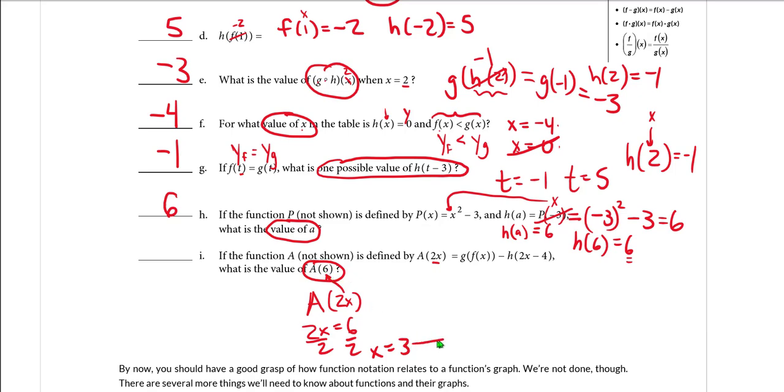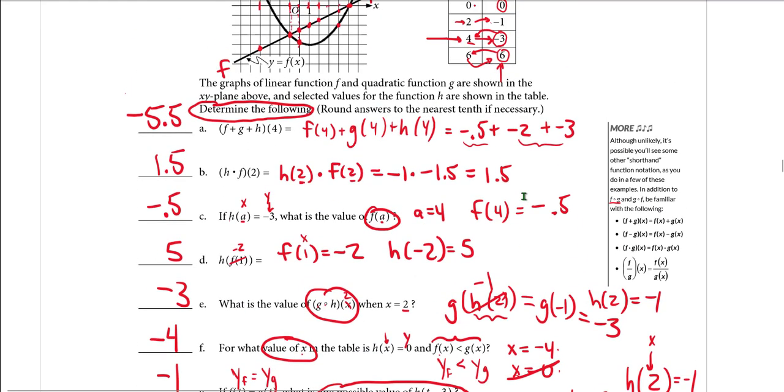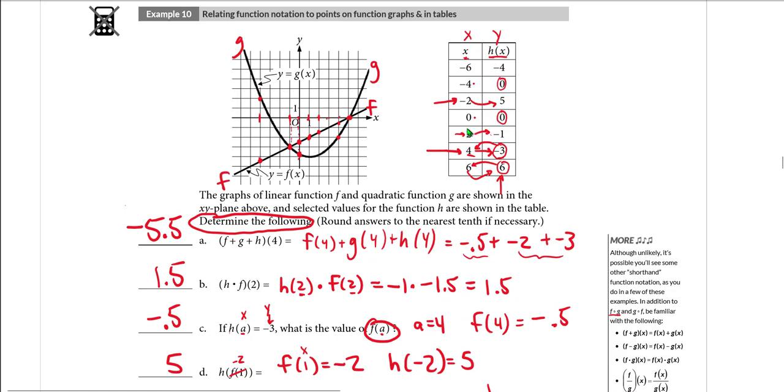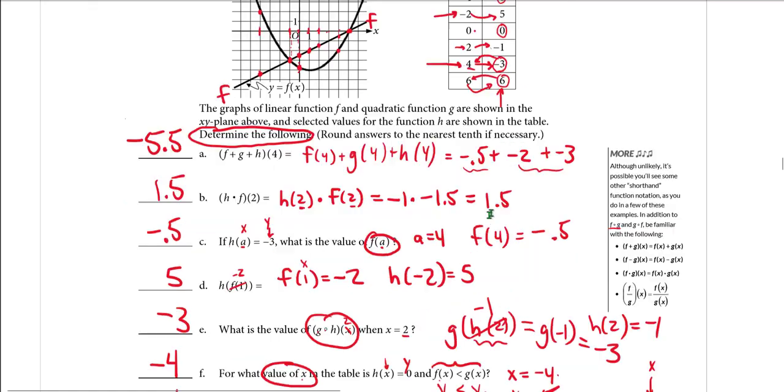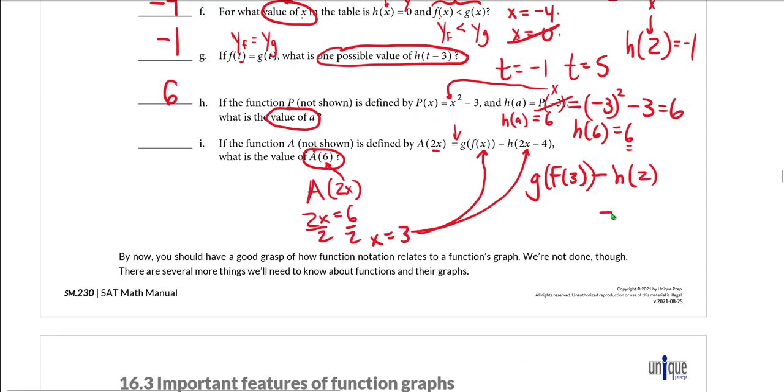And then once we have that, the 3 can just go in for all of these x's on the right-hand side of this equal sign. So we're talking about g of f of 3 minus h of, I'll just do this arithmetic, 2 times 3 is 6, so that's just h of 2. Let's get that h of 2 out of the way. That's the easiest one to start with. H of 2, that 2 is an x value, so that's -1. So that's minus -1. So that h of 2, we're done with that.